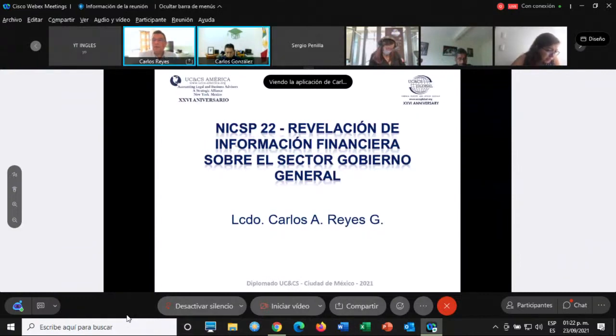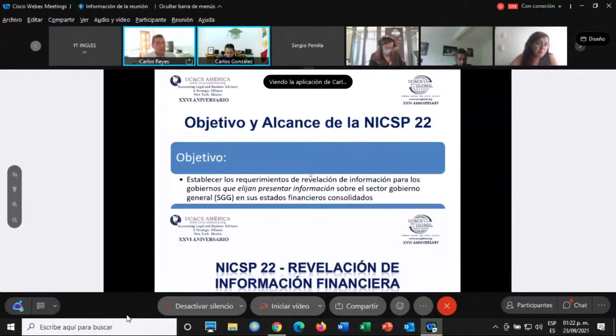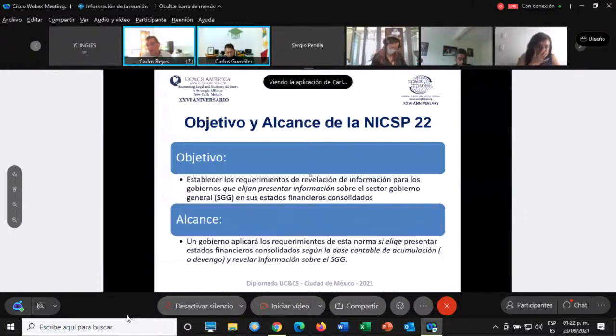Therefore, what is the purpose of this standard? It is to establish disclosure requirements for the governments that choose to present this information, as it is optional, on the general government sector in their consolidated financial statements.